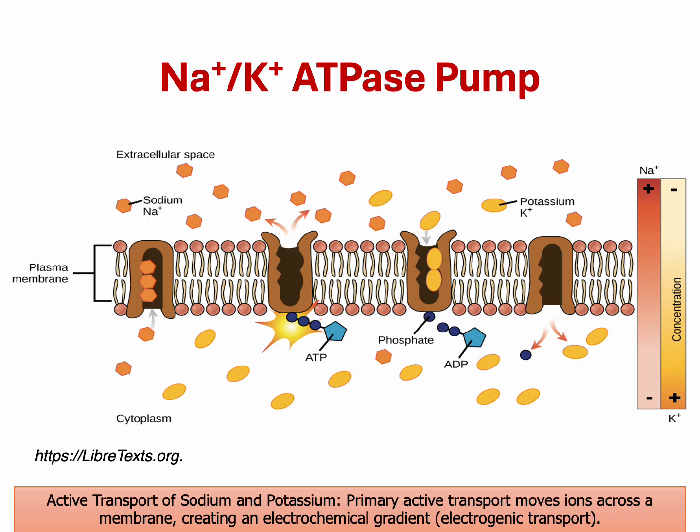It is essential for establishing the resting membrane potential, facilitating nerve and muscle function, regulating cell volume, and generating ion gradients that drive other transport processes. This pump is fundamental for normal cellular operation and overall physiological health.